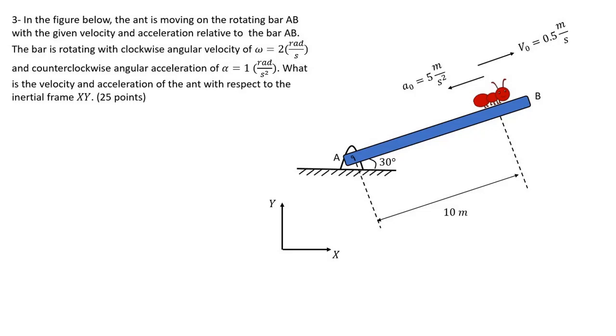Let me use another color. So 2 radian per second in the clockwise direction. So the AB is just rotating in this direction. I don't know why I can't write here. Let me change the color again.